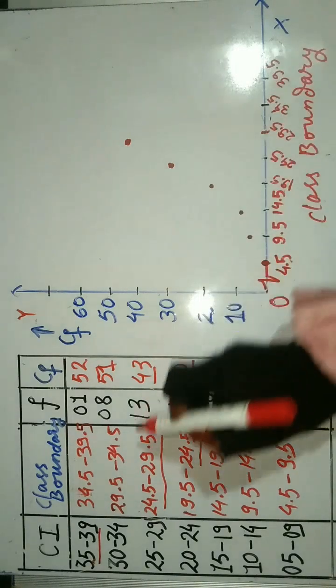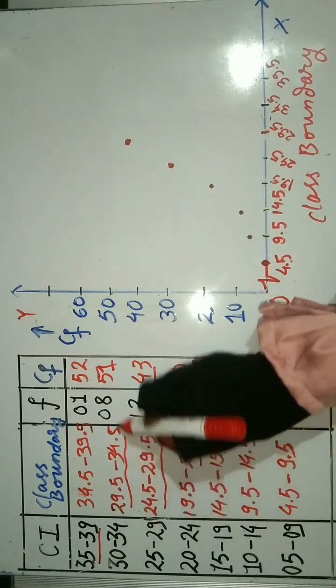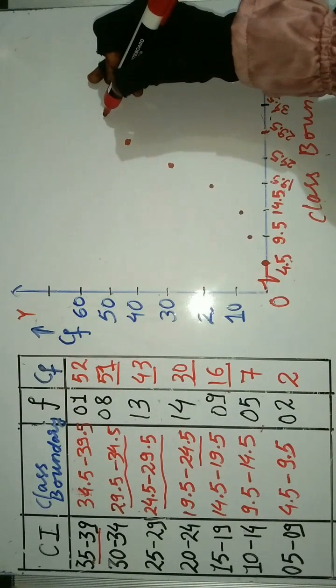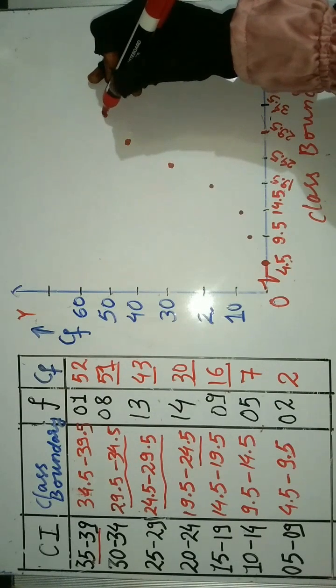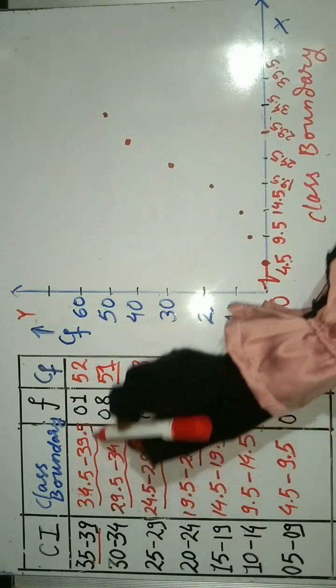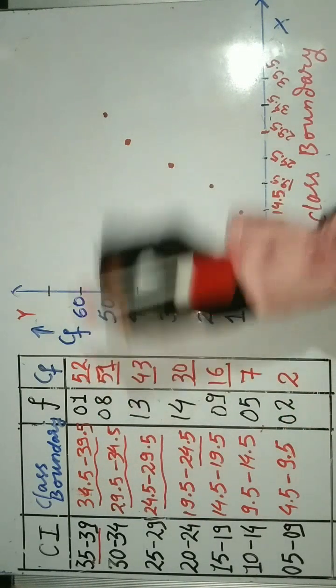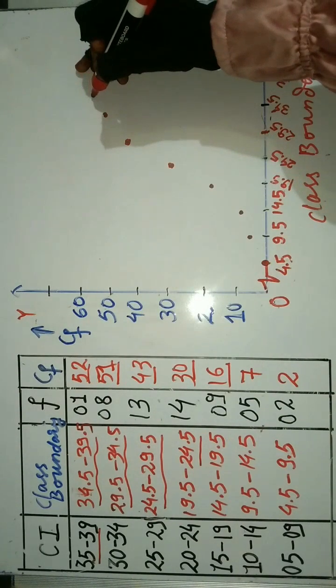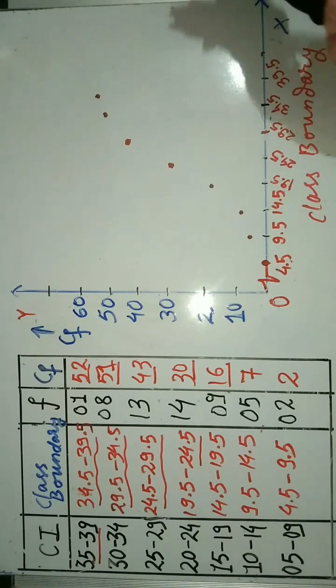Next, 34.5. So the cumulative frequency is 51. Next, 39.5. The cumulative frequency is highest, that is 52. So this will be our 52, just above the 51.